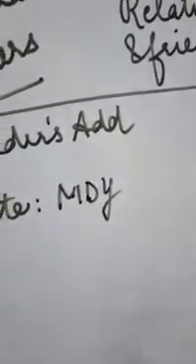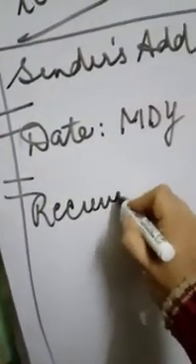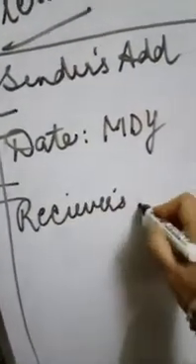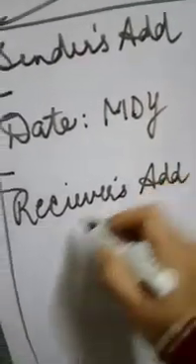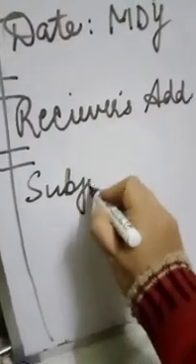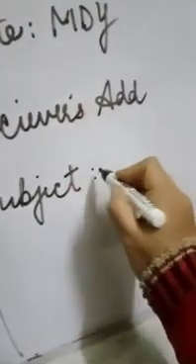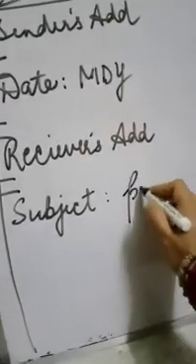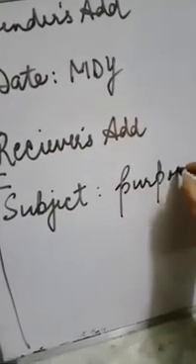The format has to be month, date and year. Then comes the receiver's address. After that, the subject. The subject has to be phrasal, and that is the purpose of writing the letter, why we are writing this letter.